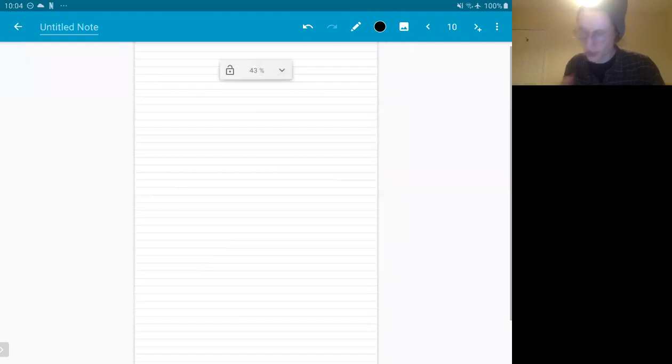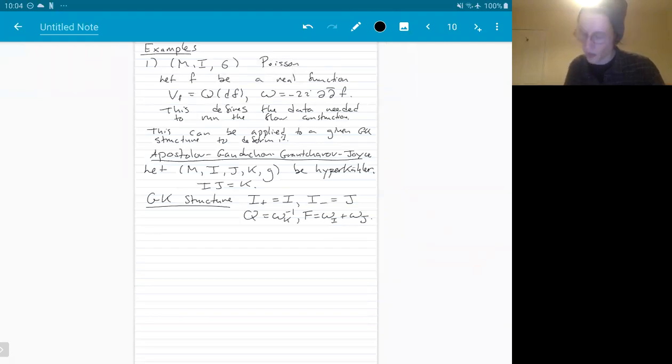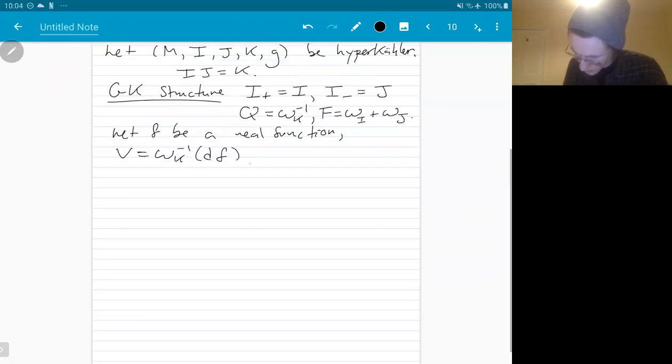But what we can do is break the symmetry by deforming away. We can take this function f that we had above, let f be a real function, and define v to be omega K inverse df, so it's the Hamiltonian vector field, and phi sub t is the flow.